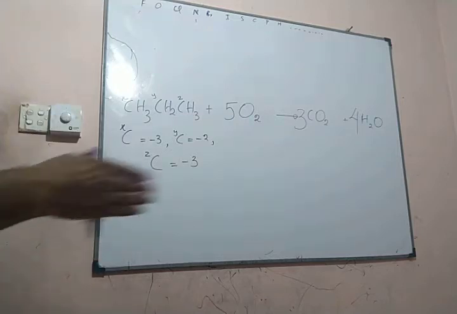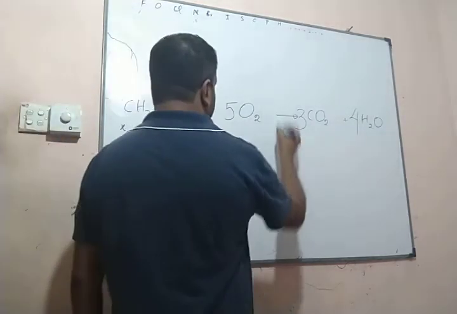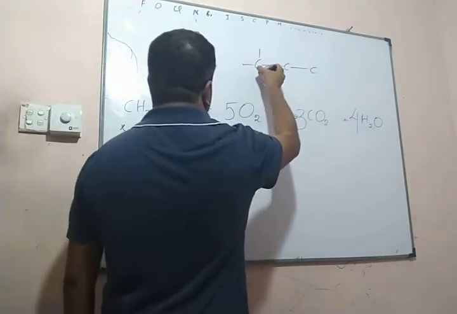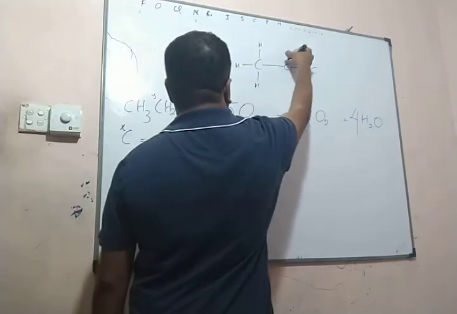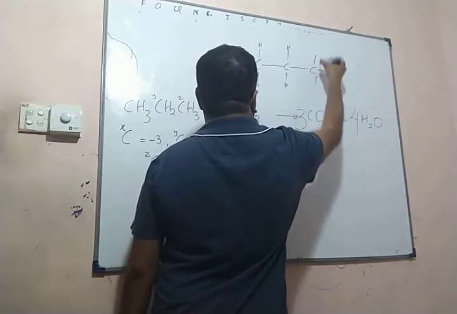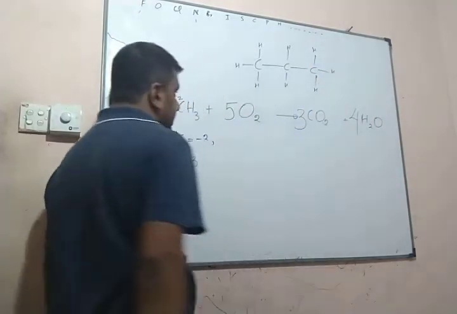You should draw the structure. If you draw the structure, you can identify that easily. I am drawing the structure. This is the structure of propane. What's the oxidation state of this carbon?